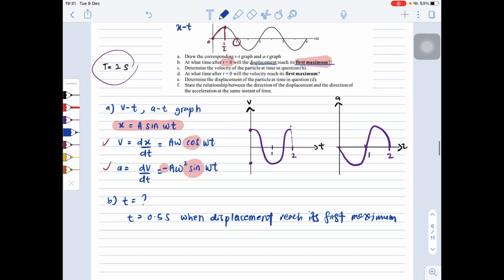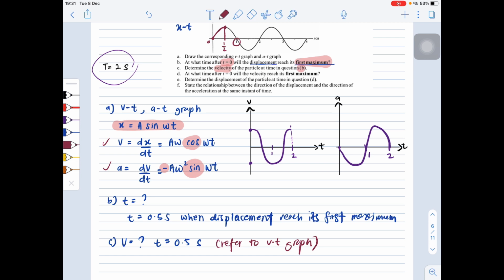Then question B, determine the velocity of the particle at the time in question A. So we want to find what is the velocity when t is equal to 0.5 seconds. So this one kita akan refer to the VT graph.